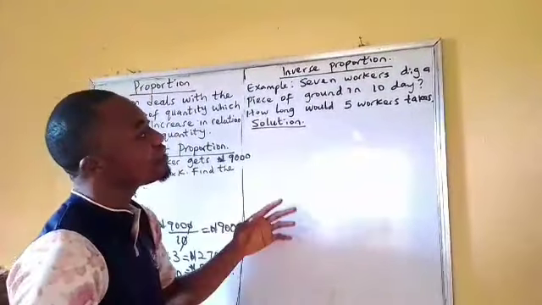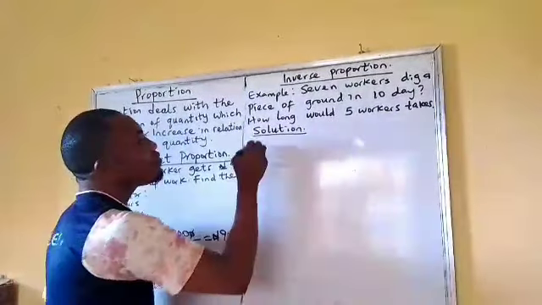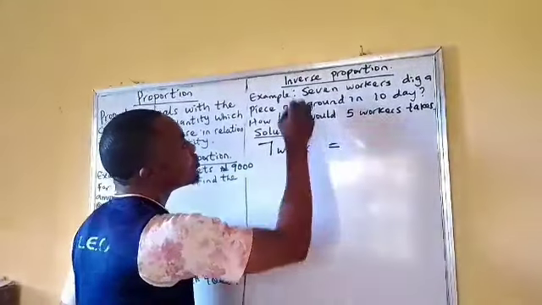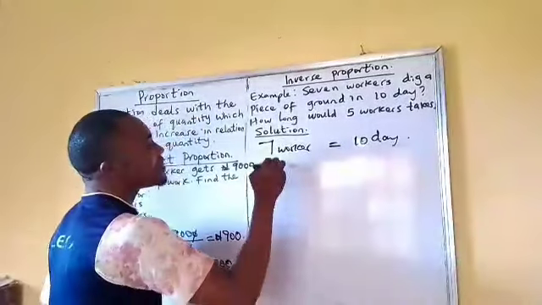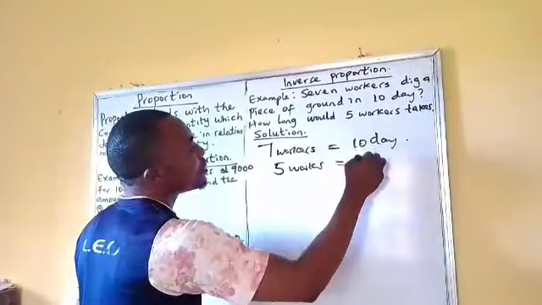How long will 5 workers take? Number one, we have to take note of this: 7 workers equal 10 days. Now, 5 workers equal unknown.